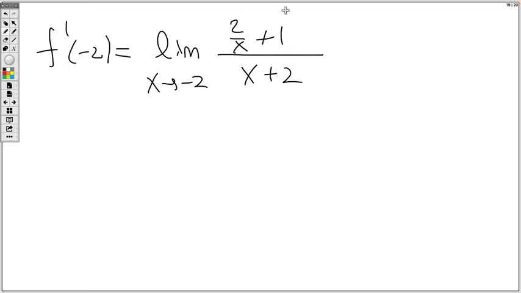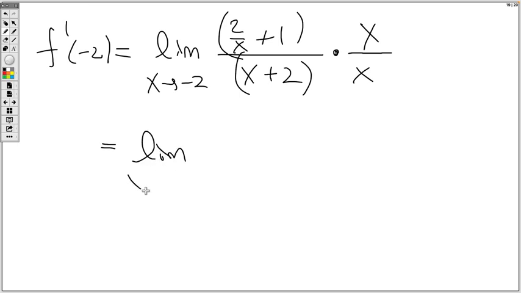How do I handle fractions like this? What do I have to multiply by? Yeah, the little denominator. In this case, there's only one little denominator. That's x. Multiply by x over x. Take the limit as x runs off to negative 2. Multiply. What's 2 over x times x? 2 plus x. Do I multiply out the denominator? No, because we're hoping we can get the x plus 2 to cancel.